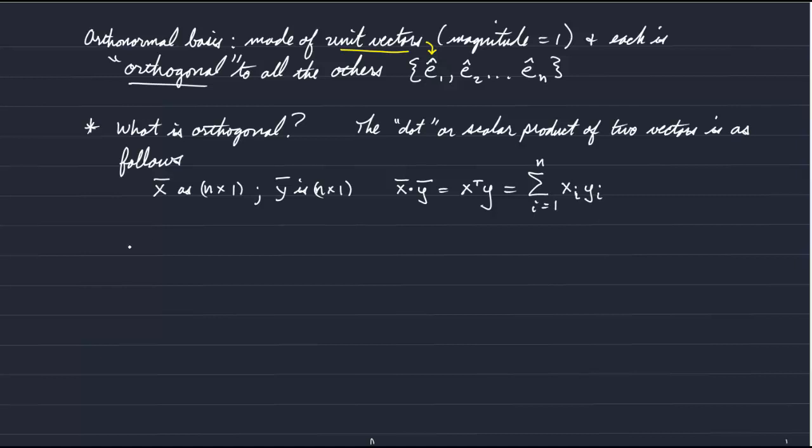Now, you've seen the dot product in your calculus classes as described in 2 or 3D space, as, for example, x dotted with y being equal to the magnitude of x times the magnitude of y, and I'm using the double bars to denote magnitude, or the length of the vector.